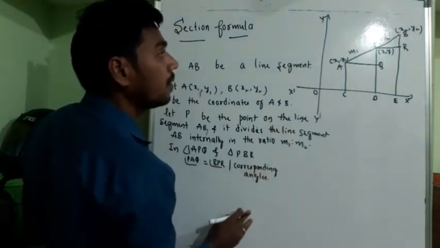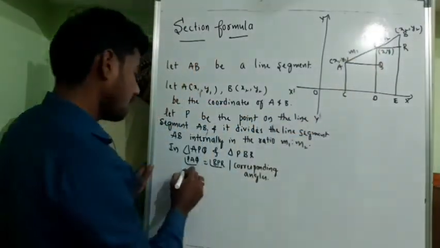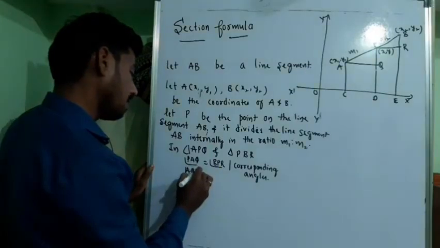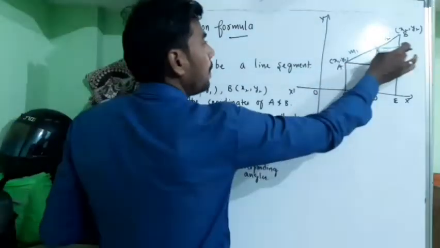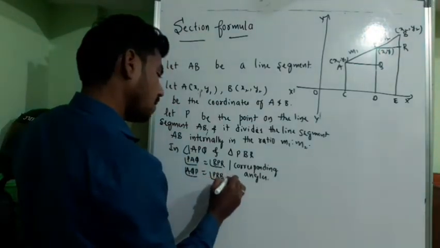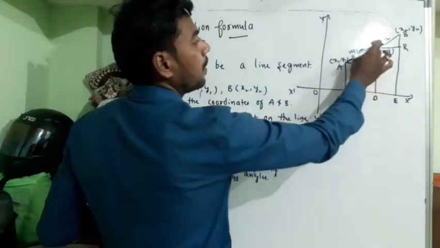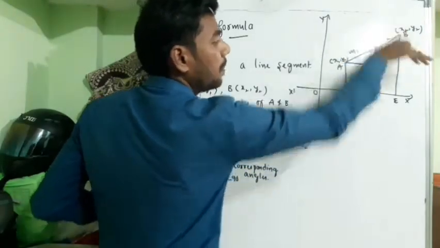Next, angle AQP is equal to angle PRB is equal to 90 degrees, because AQ and PR are perpendicular to PD and BE respectively.